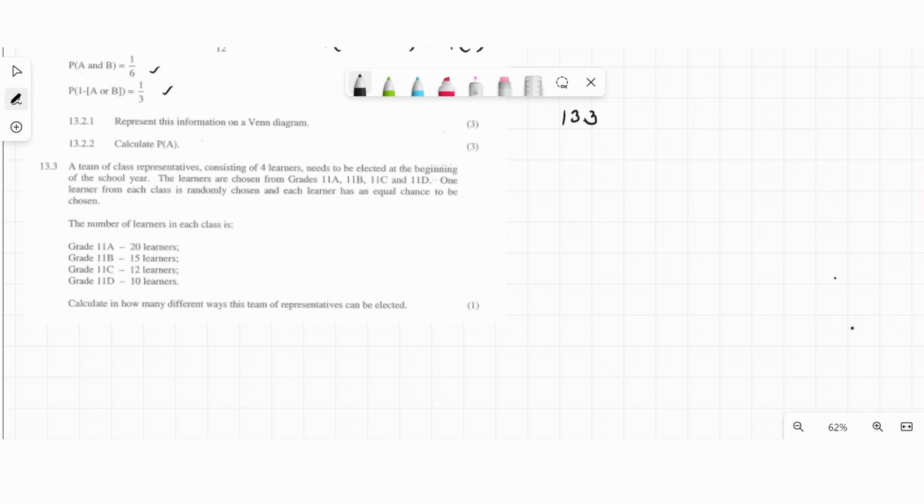They say calculate how many different ways this team of representatives can be elected. So we need to multiply all the learners together: 20 multiplied by 15 multiplied by 12 multiplied by 10, which gives 36,000 ways in which learners can be chosen.